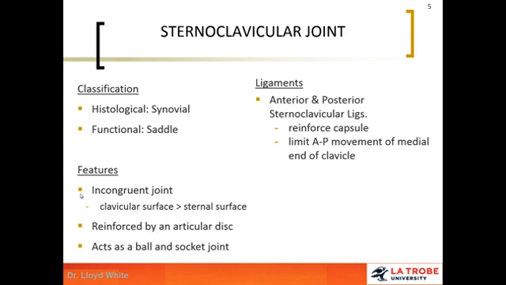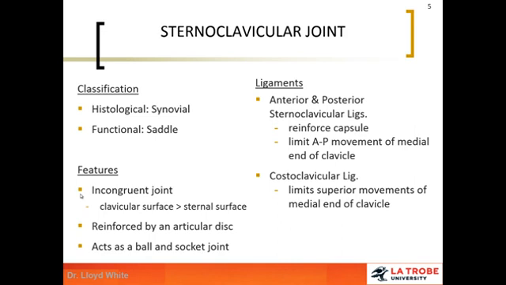Now, in terms of the ligaments, we have anterior and posterior sternoclavicular ligaments forming part of the joint capsule, which reinforces the joint, and these will limit anterior and posterior movements of the medial end of the clavicle. So these will help to limit the degree of protraction and retraction.